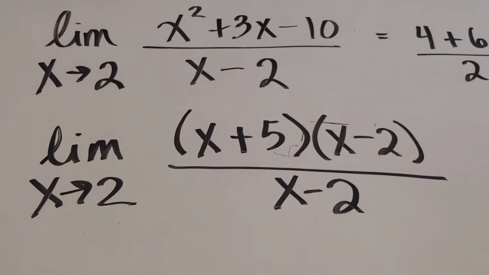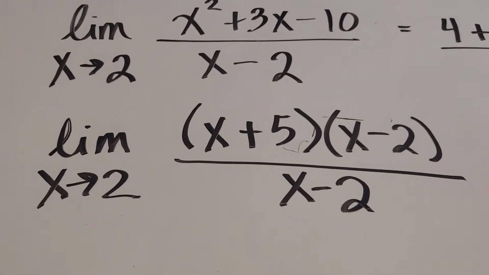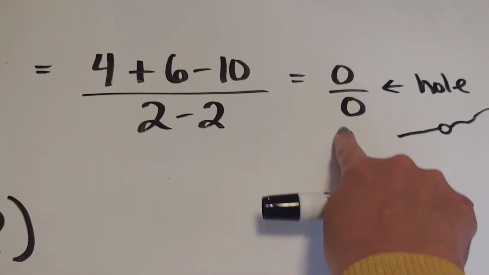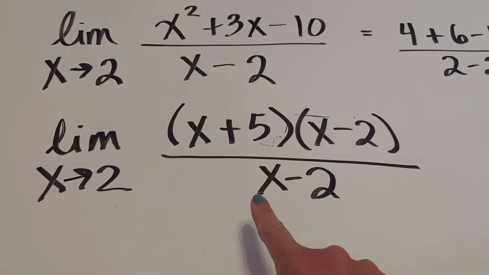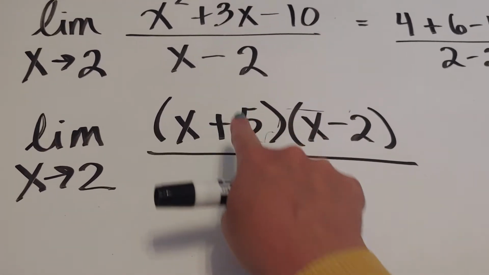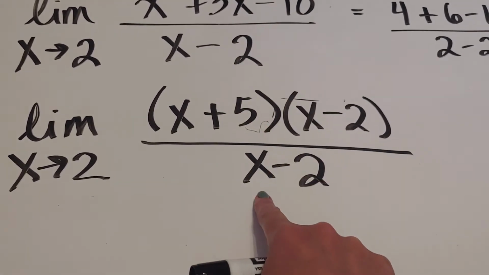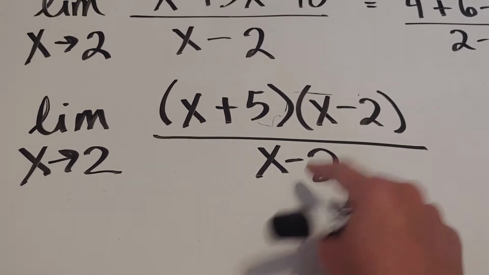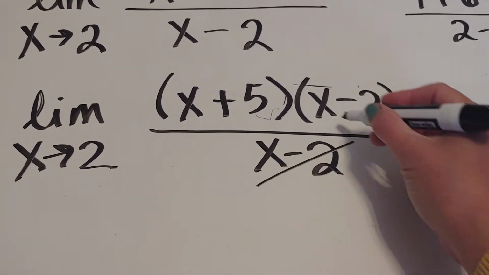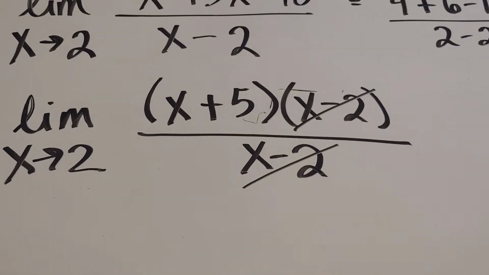For every problem where you have a hole and you're doing algebra, you will always get that the original denominator that was causing you problems will cancel out with the top. Okay, so this x minus 2 is going to cancel out with this x minus 2.